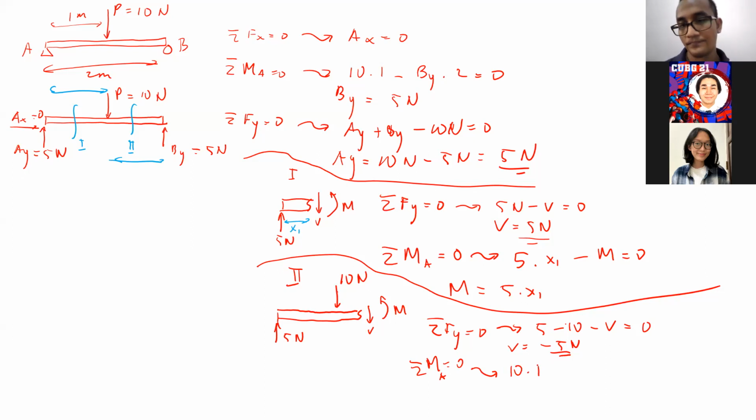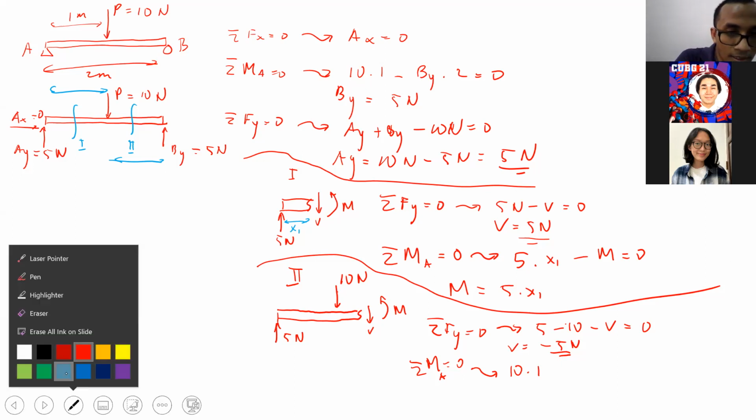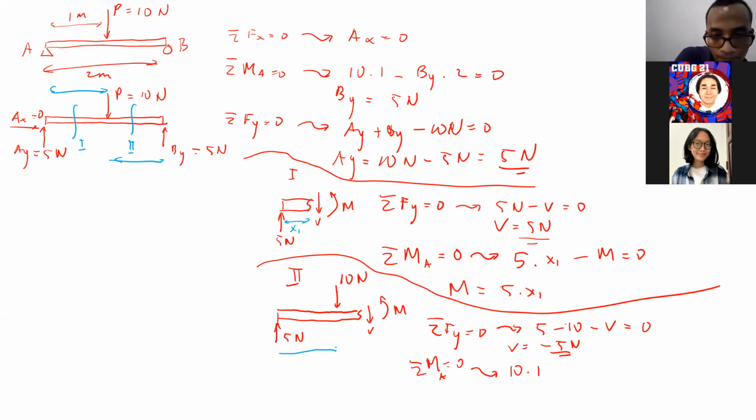One more thing, I forgot to add: the distance here is supposed to be x2. x1 is between 0 and 1 meter, x2 is between 1 meter and 2 meters.